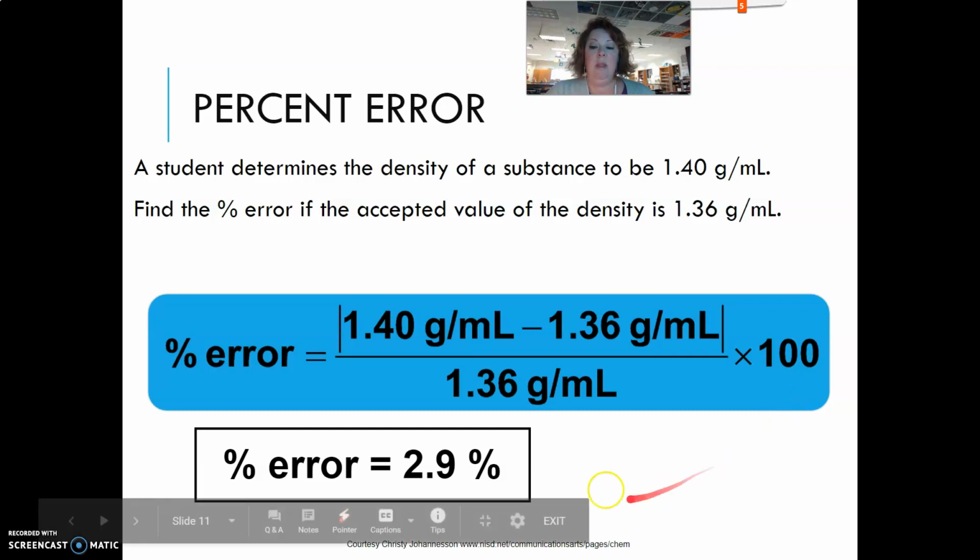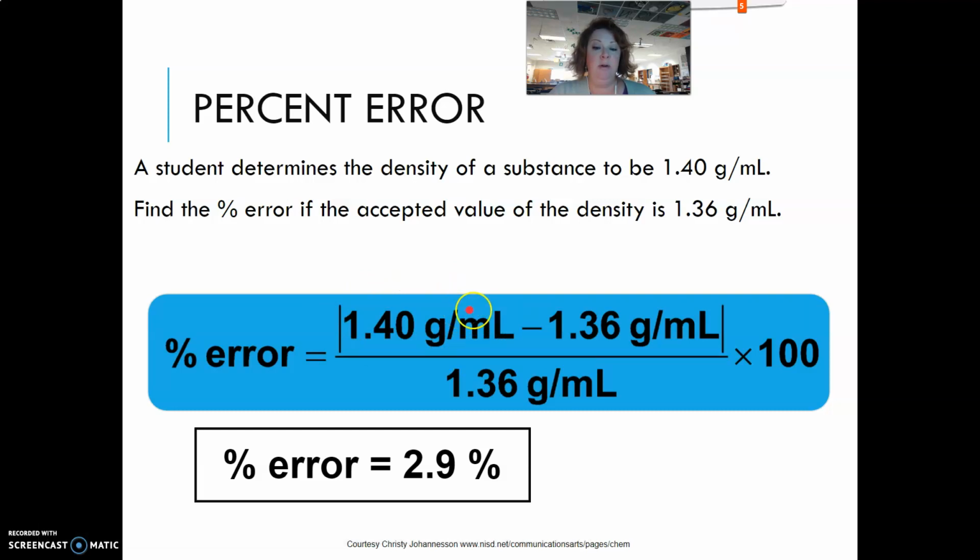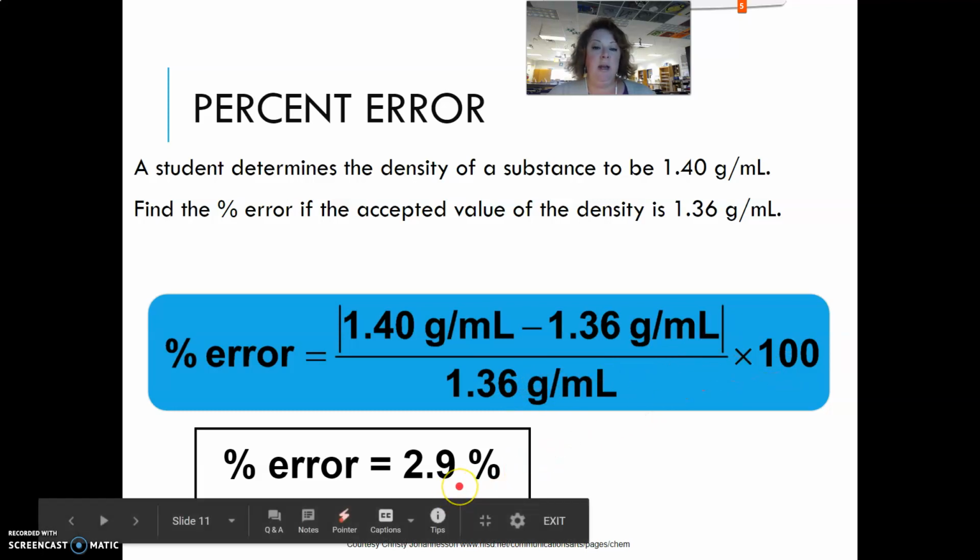So our measurement was 1.40 grams per milliliter. We subtract that, and again, it's the absolute value, so we won't have any negative numbers. We subtract that from the accepted value, which was 1.36 grams per milliliter, and then divide it by 1.36 grams per milliliter, and multiply it by 100, and we get 2.9%. Not too bad.